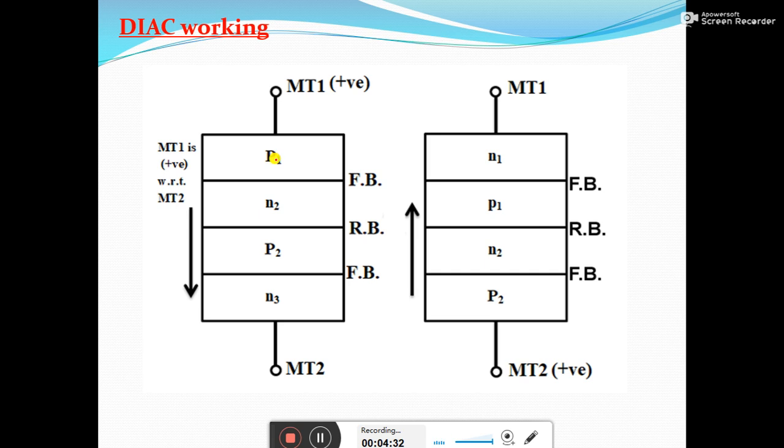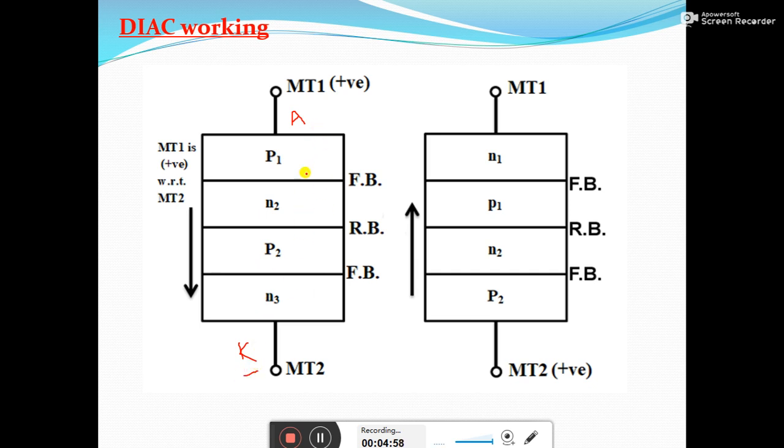As we saw in the previous video, an SCR consists of four layers, and here also there are only four layers. This P is assumed to be the anode and this is assumed to be the cathode. The anode is connected to the positive terminal of the battery source and the cathode is connected to the negative terminal.